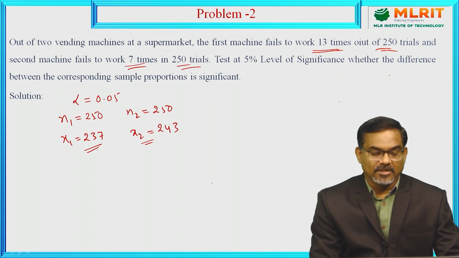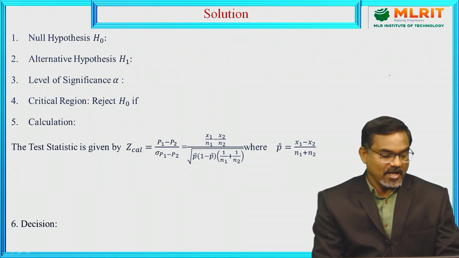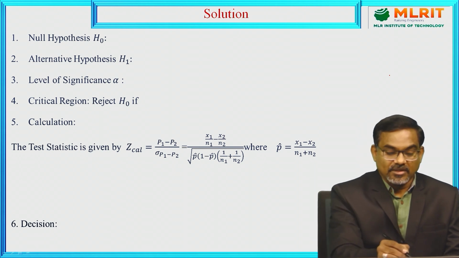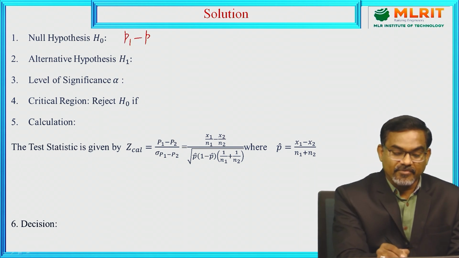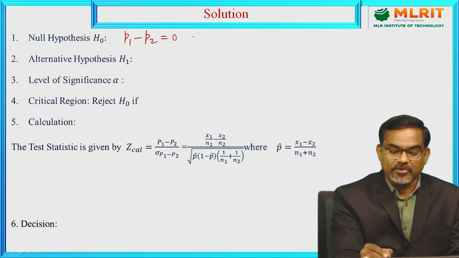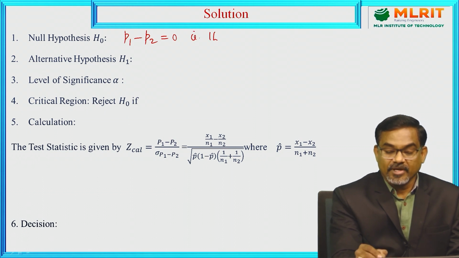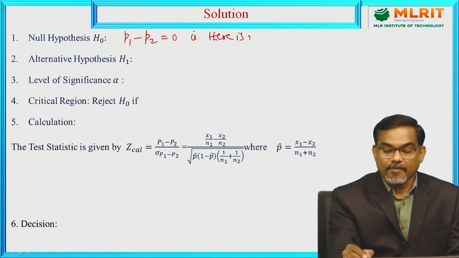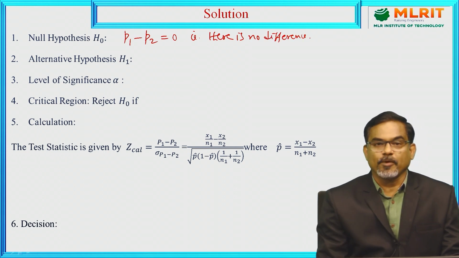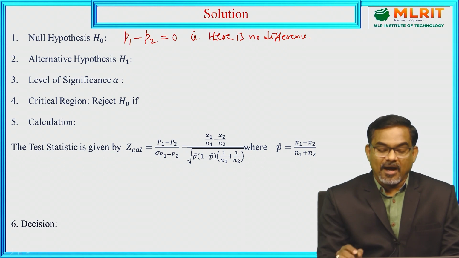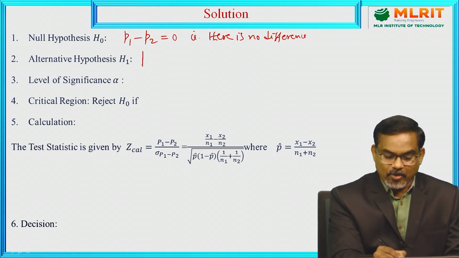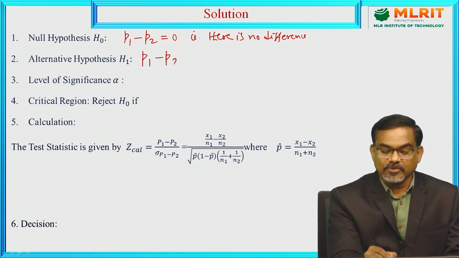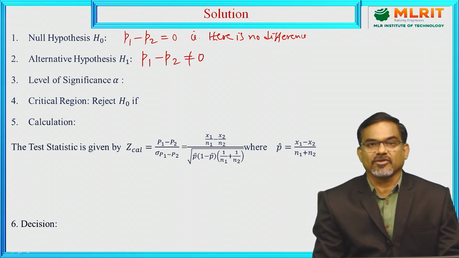Coming to the test of hypothesis, the null hypothesis H0: there is no difference between the two population proportions. No claim is given in the problem. That is why we test this null hypothesis against the alternative hypothesis, not equal to 0.